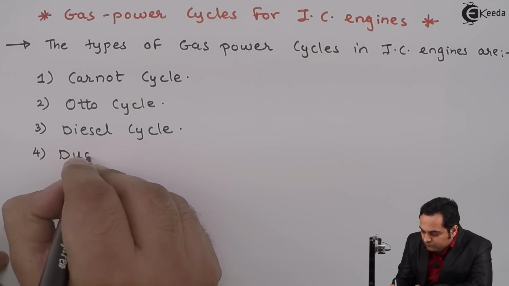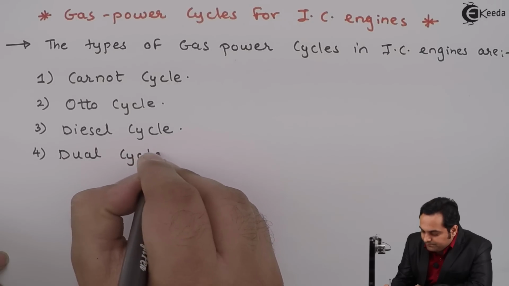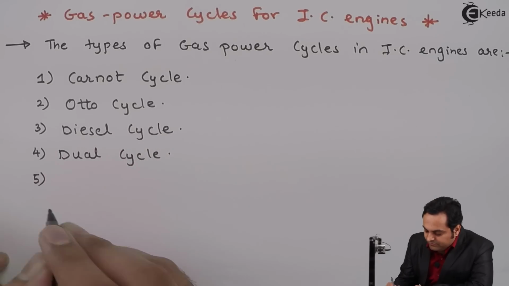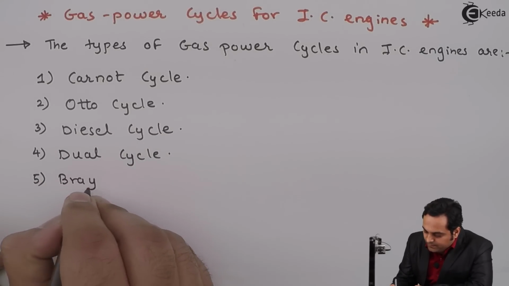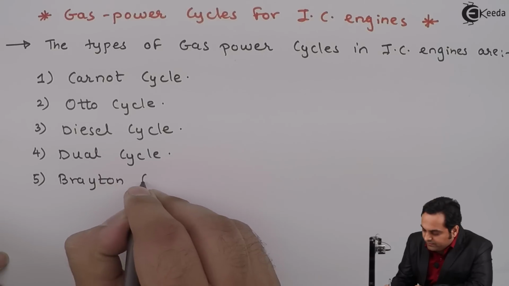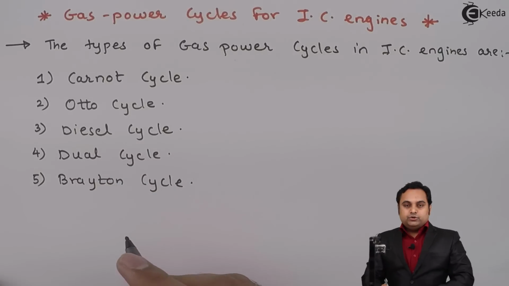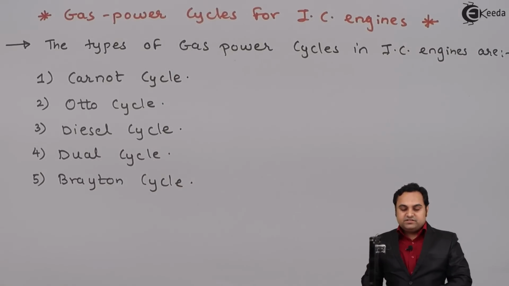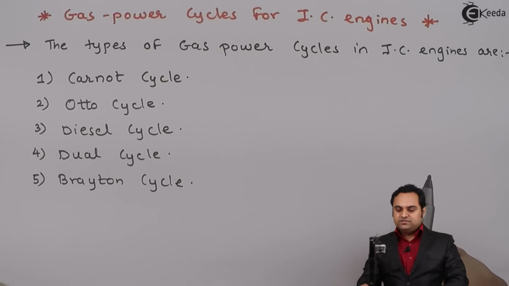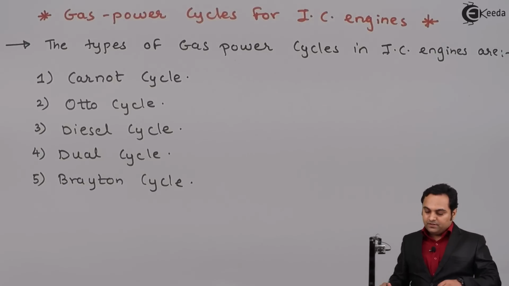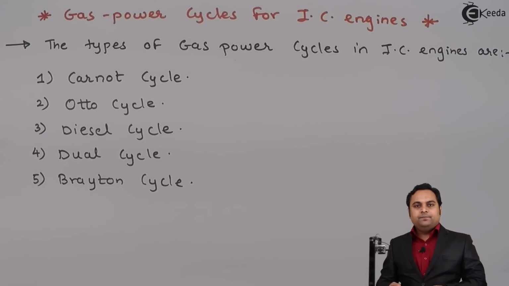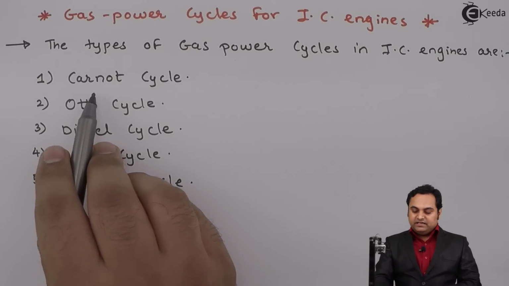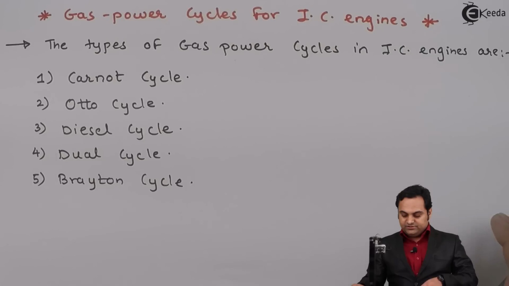Fourth, dual cycle. And fifth, Brayton cycle. So these 5 cycles are there in case of gas power cycles. Now I'll start explaining them one by one, that is starting with the Carnot cycle first.